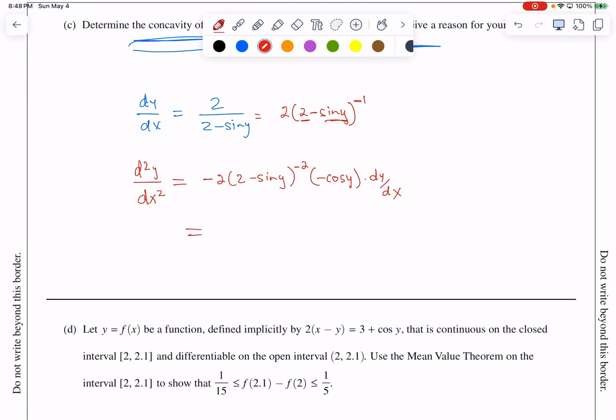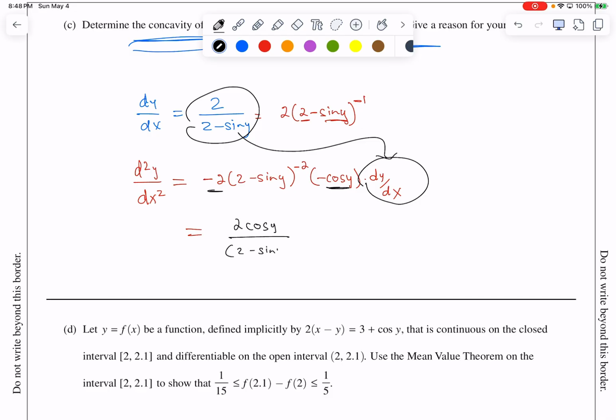I'm going to do a back substitution. What's the back substitution I can do? Plug in 2 over 2 minus sine y for dy dx. So we're going to have, let's see, -2 times negative cosine is +2 cosine. Does everybody agree with that? Over 2 minus sine y to the what power?